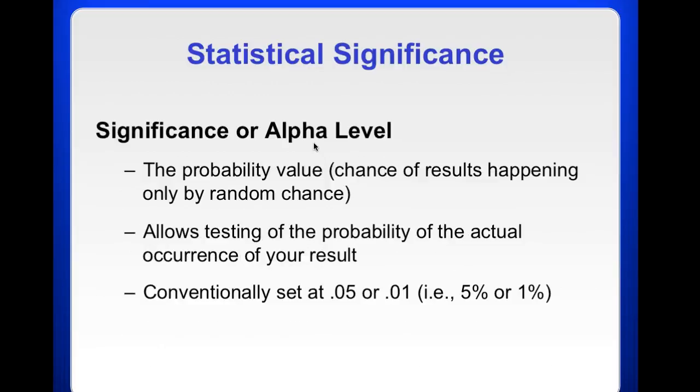Next, let's talk about statistical significance. This is what we will need in our studies to be able to say that whatever results we were able to ascertain from this study were not by chance. That's one of the biggest things that will give you more credibility.